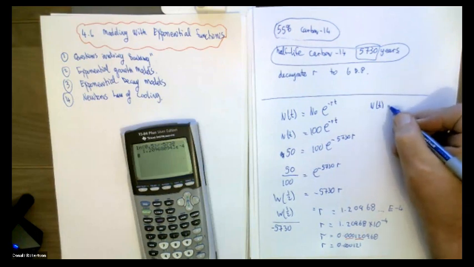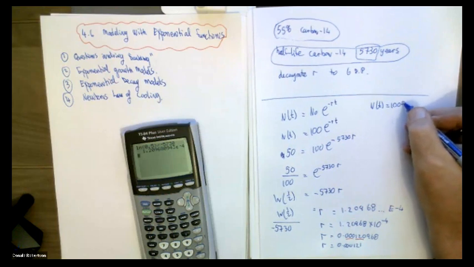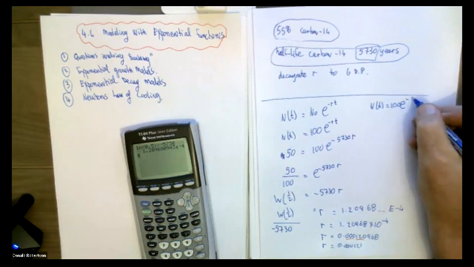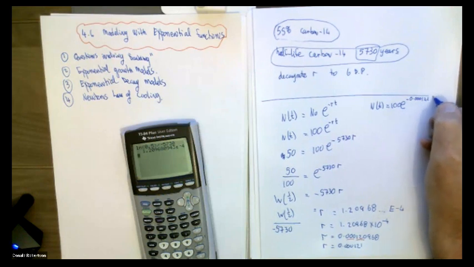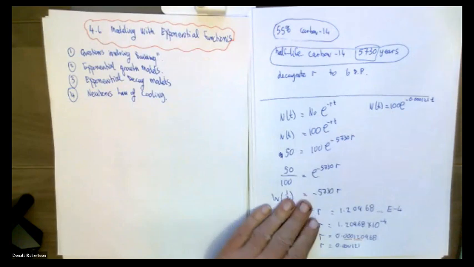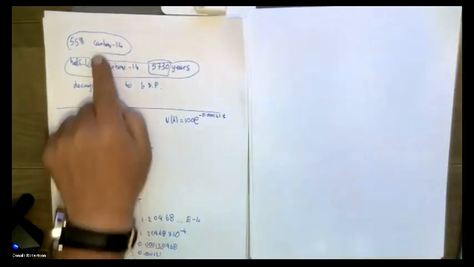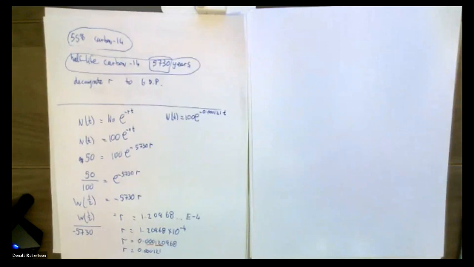So N of t is going to be 100, the whole amount, e to the negative 0.000121 t. And that's us done with that part of the question. So what we're going to do now is take that piece of wood that they found that only had 55% of the carbon-14 left and find out how old it is.